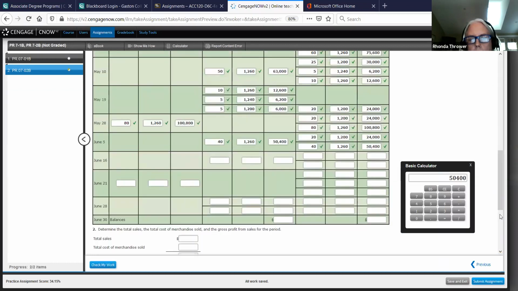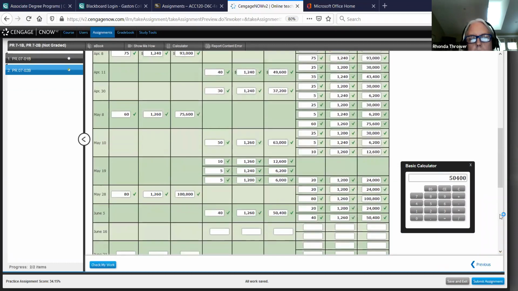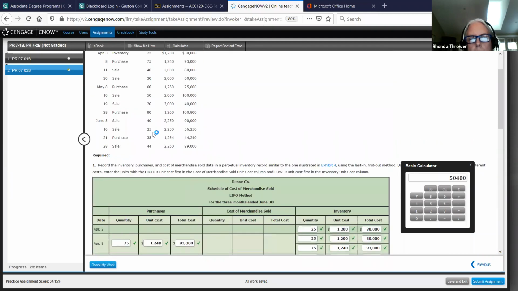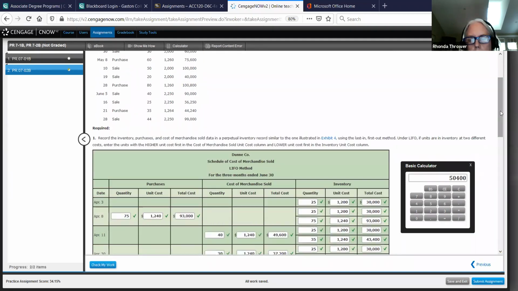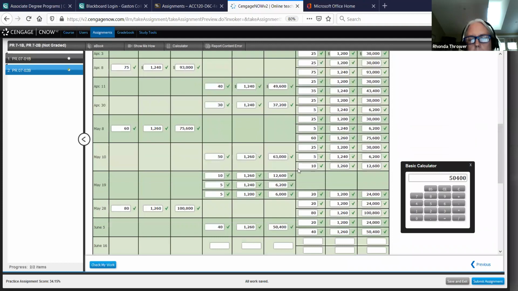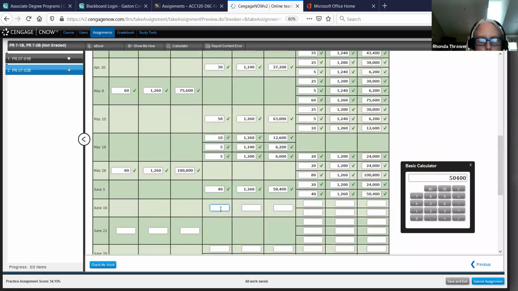And the next transaction is on June the 16th. On June the 16th, we sold 25 units. So 25 will be taken from the last purchase, which was on May 28th. 25 would be taken from the 40 units of the purchase that we've got here.